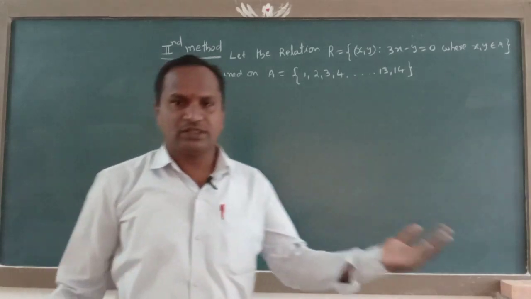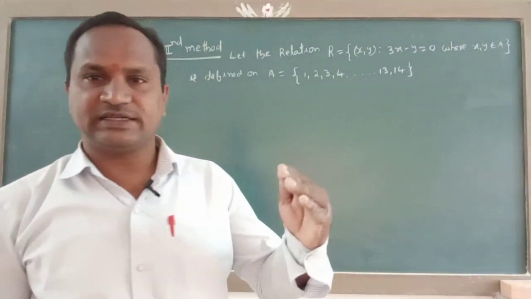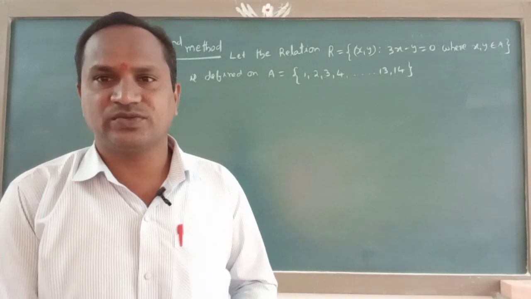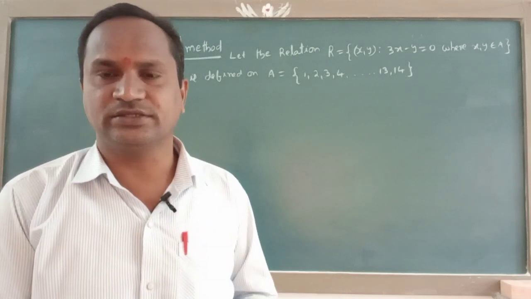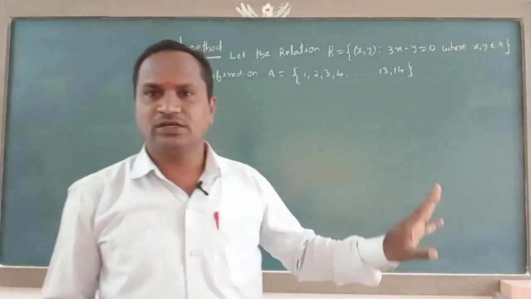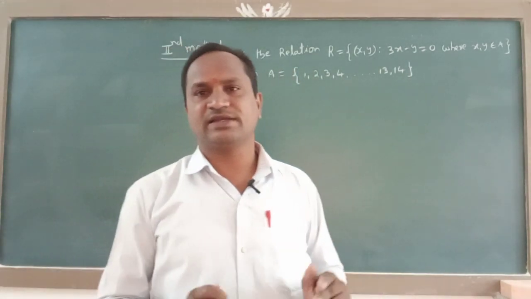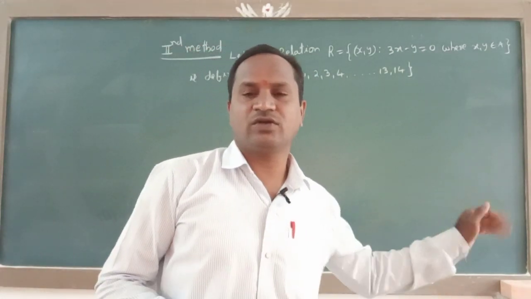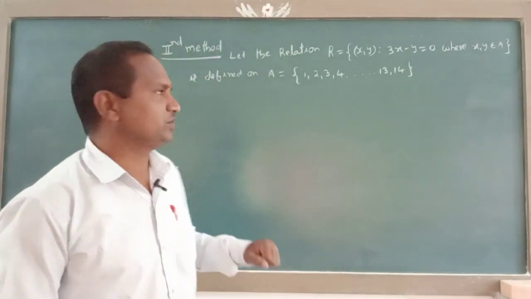Second method, without using diagrammatic representation, how we are getting those elements, about that I am telling here. But with the help of diagrammatic representation, I showed how we are getting elements directly. Here I will show you.